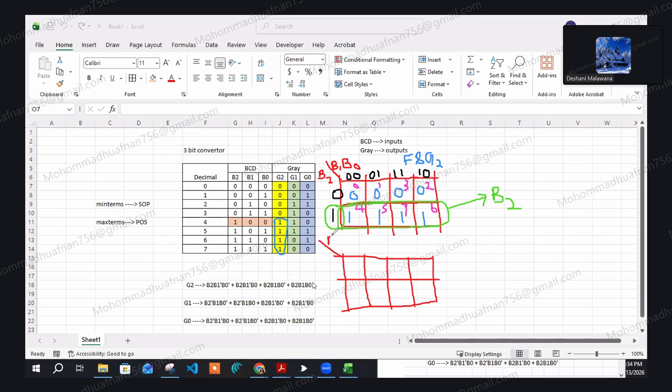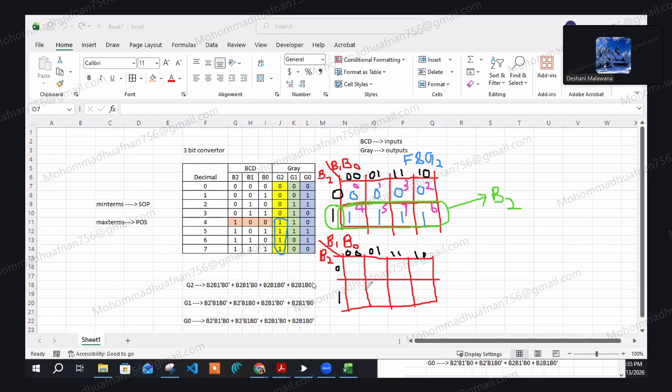Then here also B1, B0, B2. Then I will change the color to black for this one. I think you don't need to write it again. 1, 1, 1, 0, then 0, 1. I will take the blue color. Just assume that 0, 1, 3, 2, and 4, 5, 6, 7.